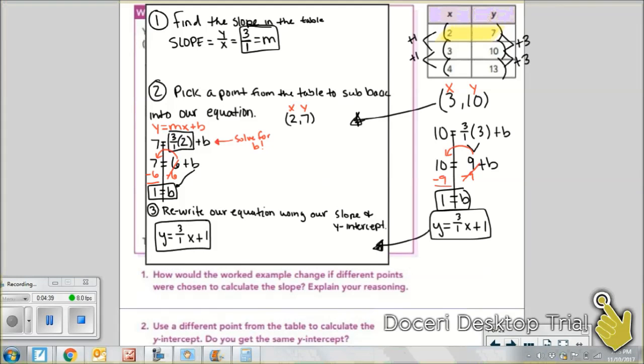Okay, so now that you've had some time to write, we're going to partner share your answers. If you're partner 1, you're going to read the answer to question 1, what you have. And if you're partner 2, you're going to read your answer to question 2. I'm going to give you some time to talk to each other, beginning with partner 1. Ready, start.